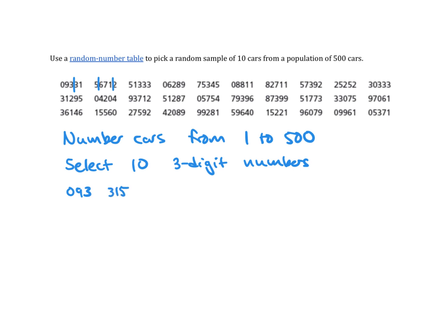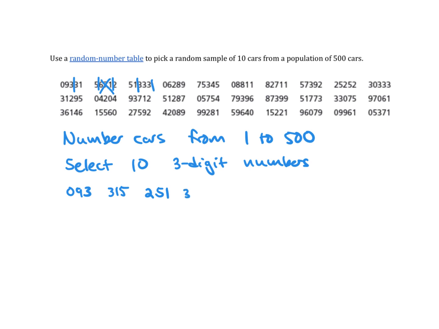The next 3 digits would be 671. But I don't have a car numbered 671. The biggest number assigned to a car is 500. So I actually can't use that number. So I'm going to cross it off, and I'm going to erase it from my list and take the next 3 digits, which gives me the number 251.